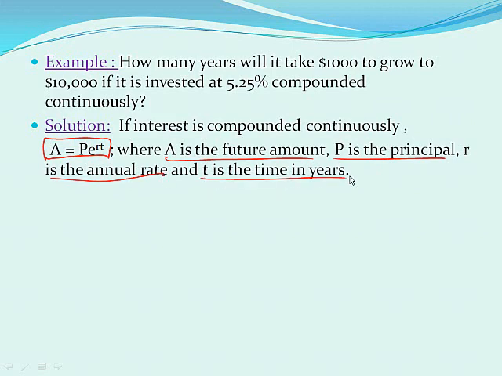So when we put the numbers, we will get 10,000 equal to 1,000 multiplied with exponential. Rate is 5.25%, which will be 0.0525 as a decimal, then times the number of years is t.